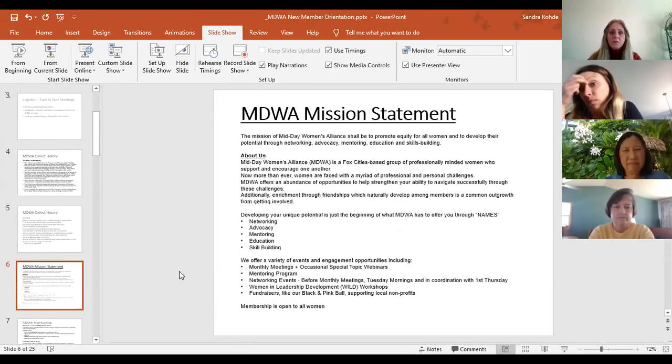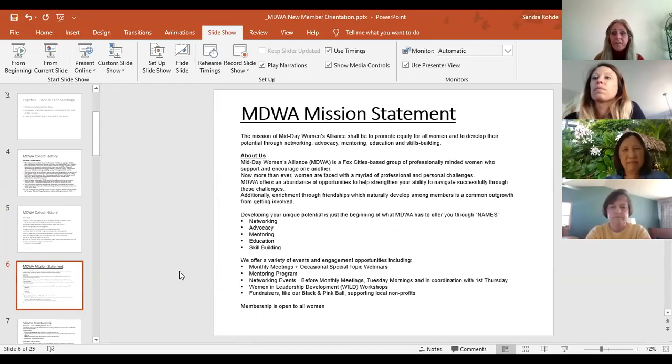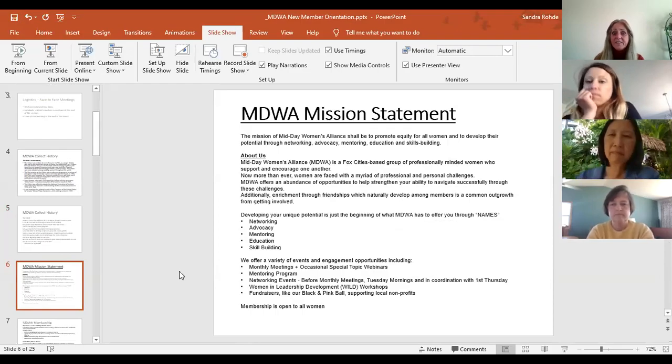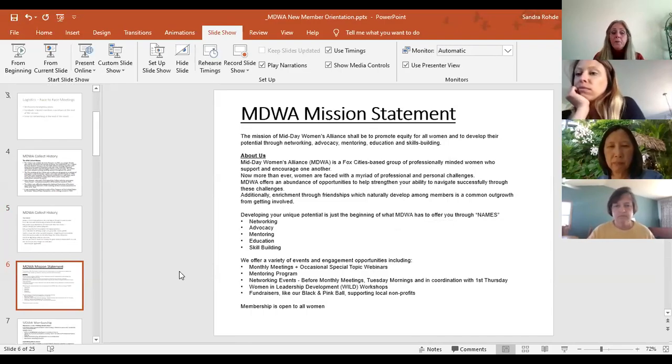There we go. So this is technically our mission statement and the information that we share. You've probably heard us talk about the names with the networking, advocacy, mentoring, education, skills building. If you have questions on how that connects to the actual tasks we're doing: the education is really the programs, skills building is really workshops, and of course there's a whole lot more going on besides just those buckets.